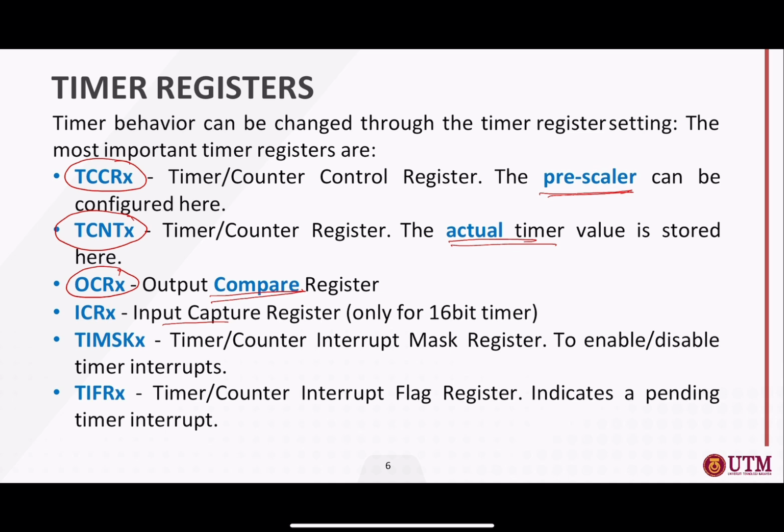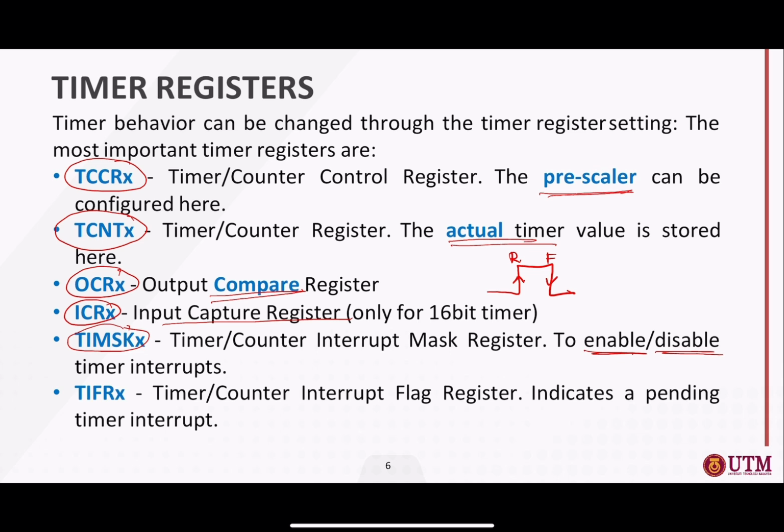Next is TIMSKX, the timer counter interrupt mask register. In this register we enable or disable the timer interrupt. If you want to enable or disable your interrupt, you have to set some values inside TIMSK.